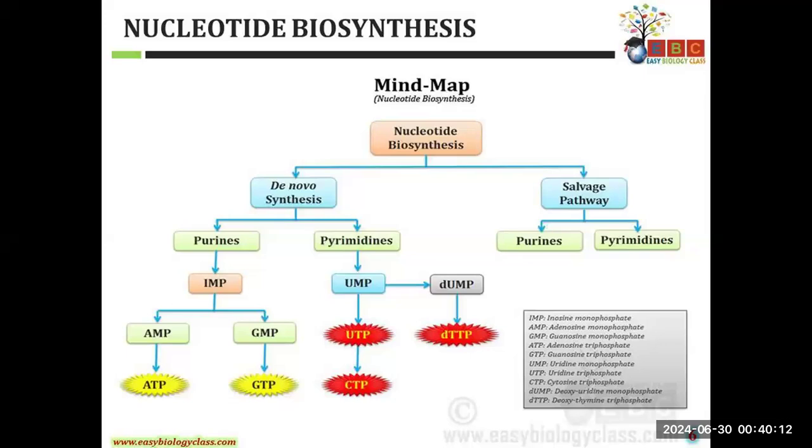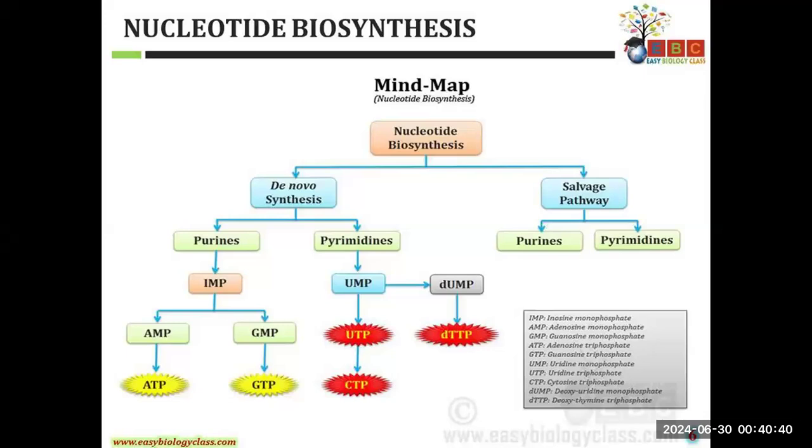So, de novo synthesis of pyrimidines leads to the synthesis of UMP first, and then from UMP we get the synthesis of deoxy-UMP and deoxy-TTP. From UMP, also we get the synthesis of UTP and CTP. So it means there are two pathways for the nucleotide biosynthesis, especially purines and pyrimidines.